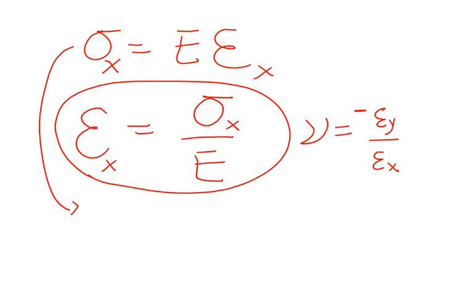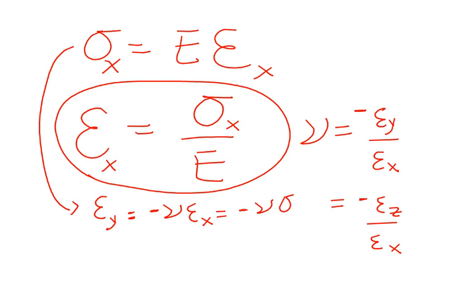Or it's negative epsilon z over epsilon x. Okay? So if I solve for epsilon y and epsilon z, I get epsilon y is equal to negative nu epsilon x, and epsilon x is given above, so that's negative nu sigma x over E. Okay, then epsilon z is negative nu epsilon x, that's also negative nu sigma x over E.